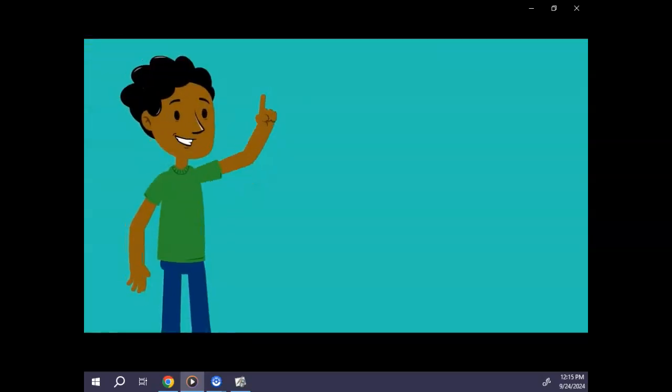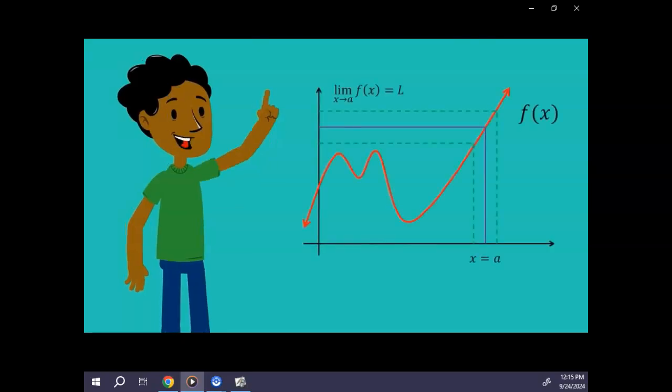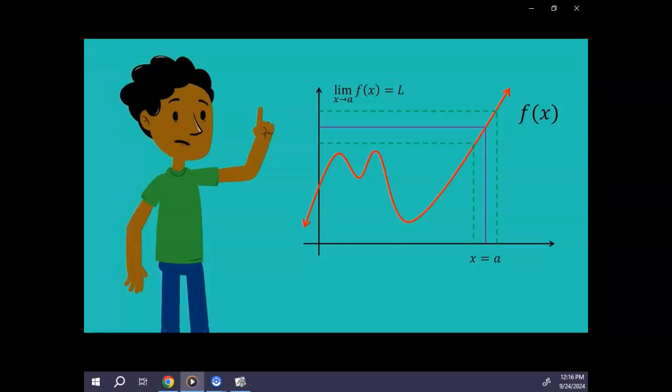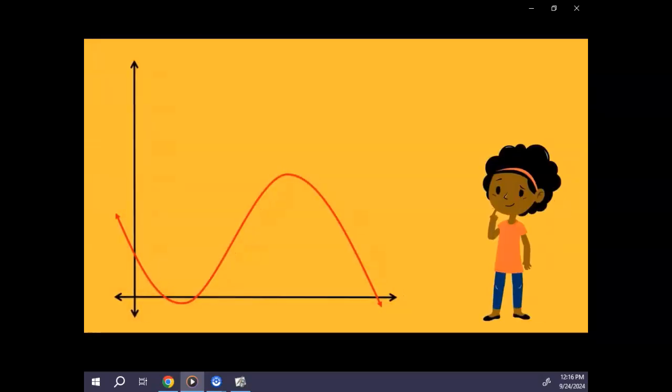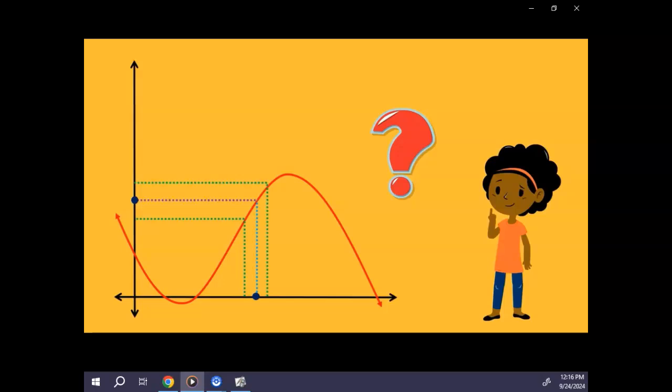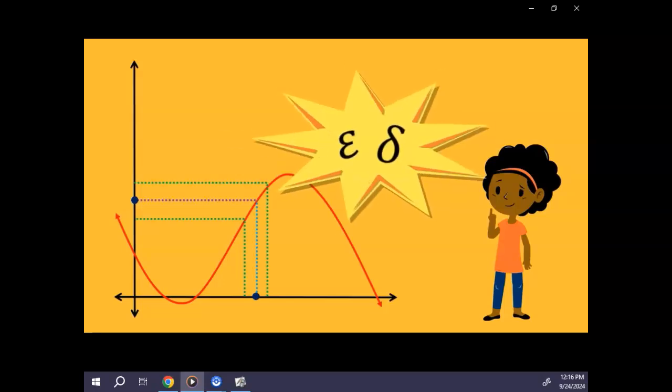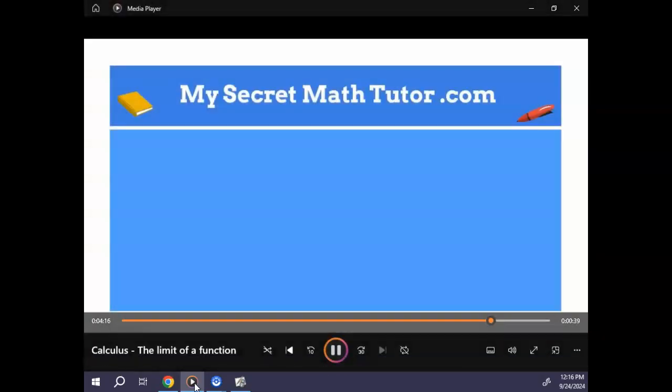Hopefully both of these examples really highlight how limits focus on the behavior of a function, what they get arbitrarily close to. One thing we still have left to cover is what it exactly means when we say that a function gets arbitrarily close to a value. But don't worry, we'll be able to tackle that tricky problem in the next video when we introduce epsilon and delta. Thanks for watching.